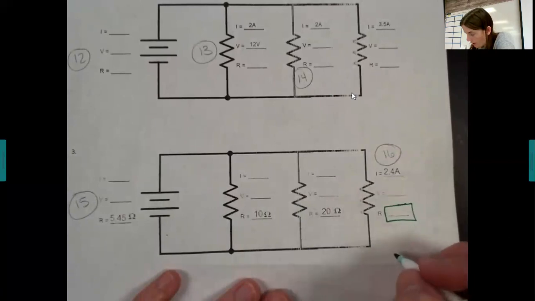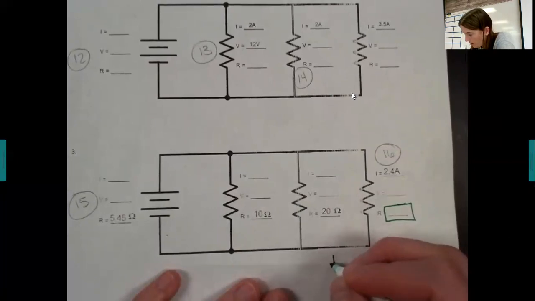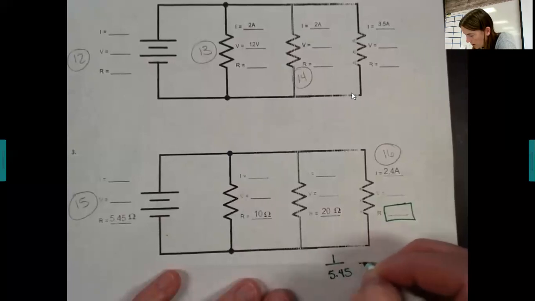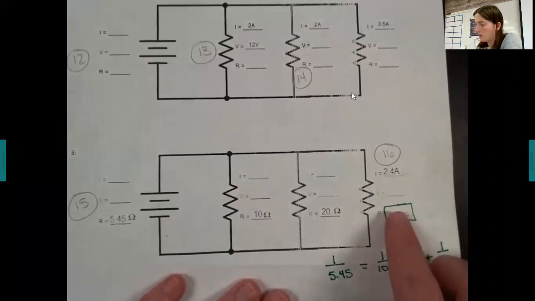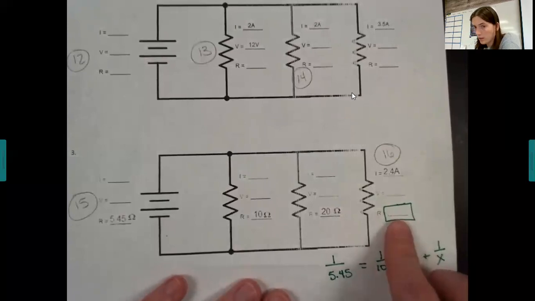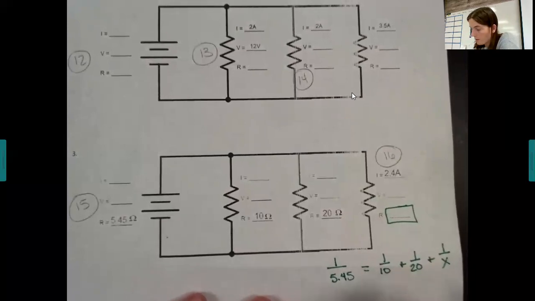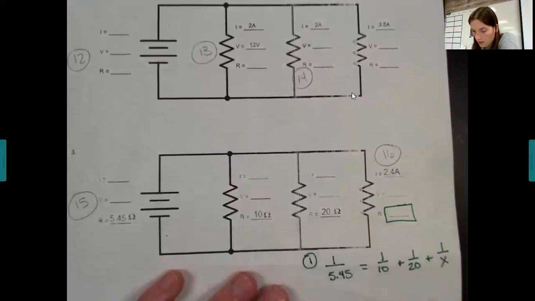You're going to have 1 over the total is equal to 1 over R1 plus 1 over R2 plus 1 over X, and you're solving for X right here. So this is first.